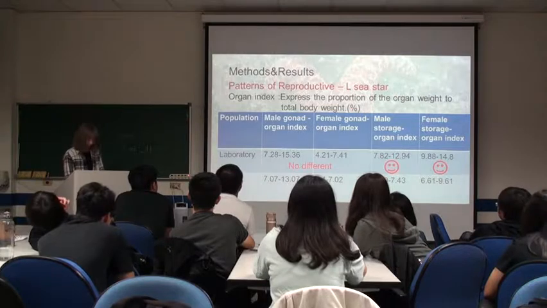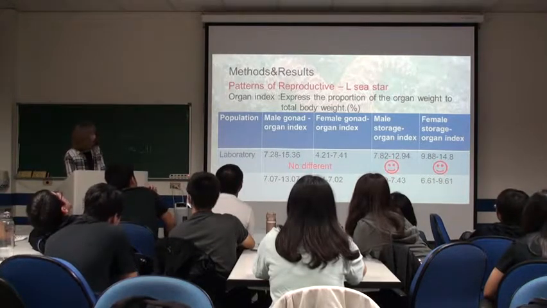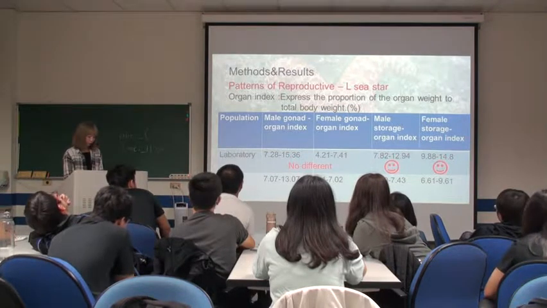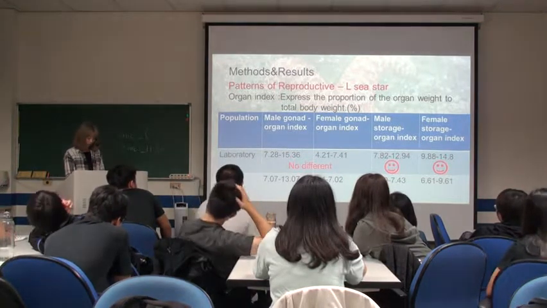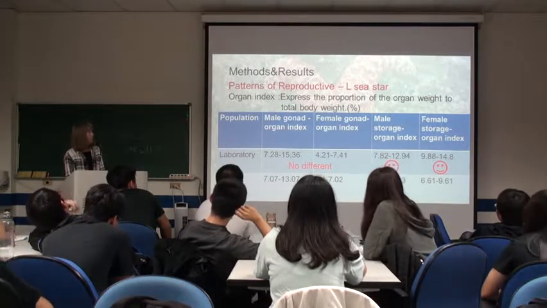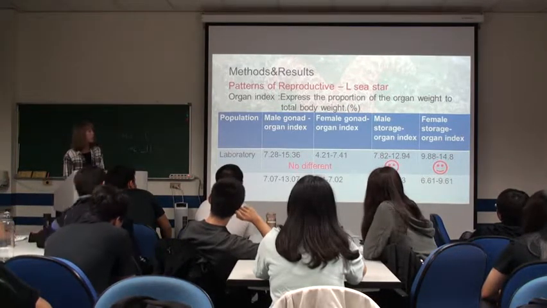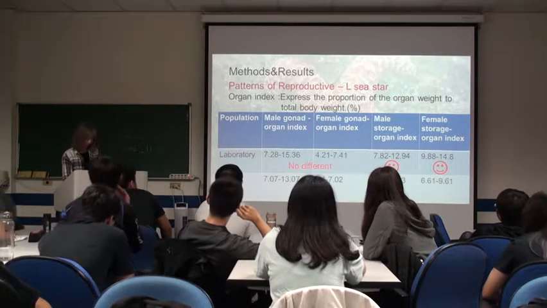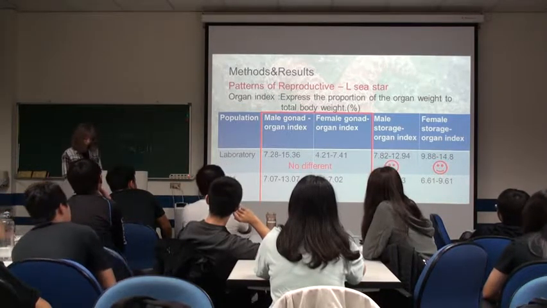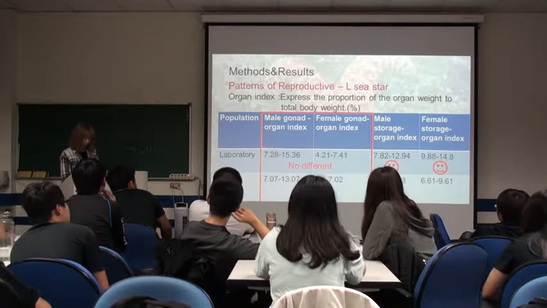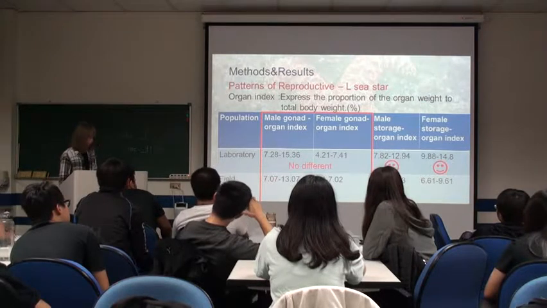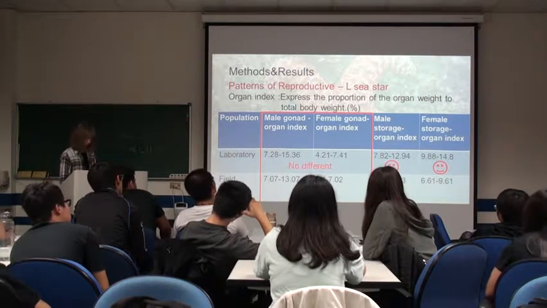In the results of the laboratory experiments, LC stars were provided with overabundant food for 15 months. Organ index expresses the proportion of the organ weight to total body weight. The experiment shows that mean gonad size was no different between the laboratory and the natural population.